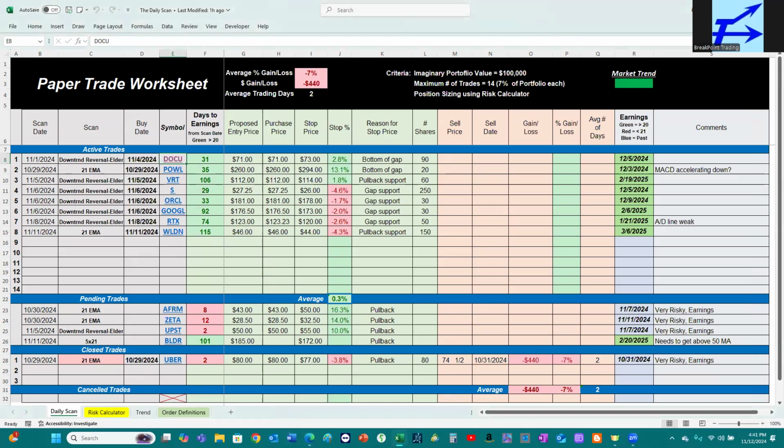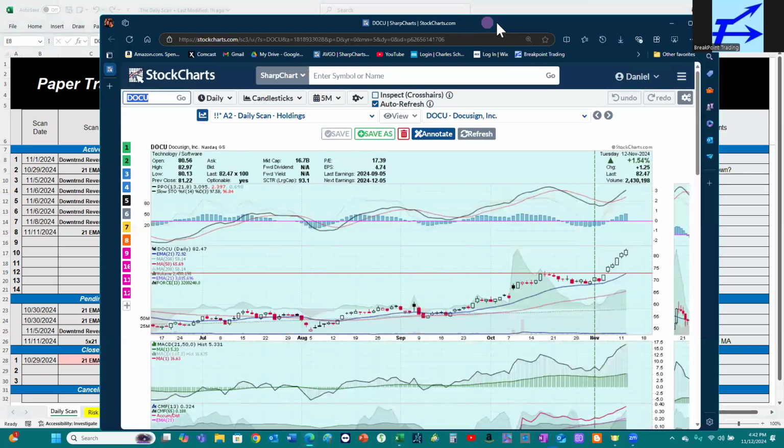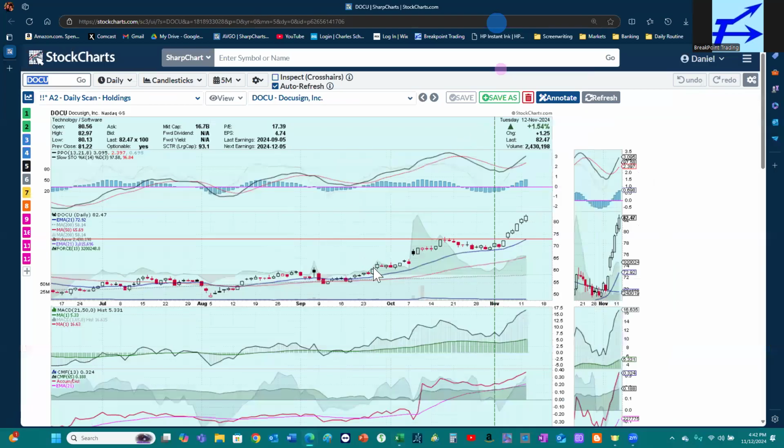DocuSign. Okay, here's DocuSign. There's what it looks like. It continues to move higher.